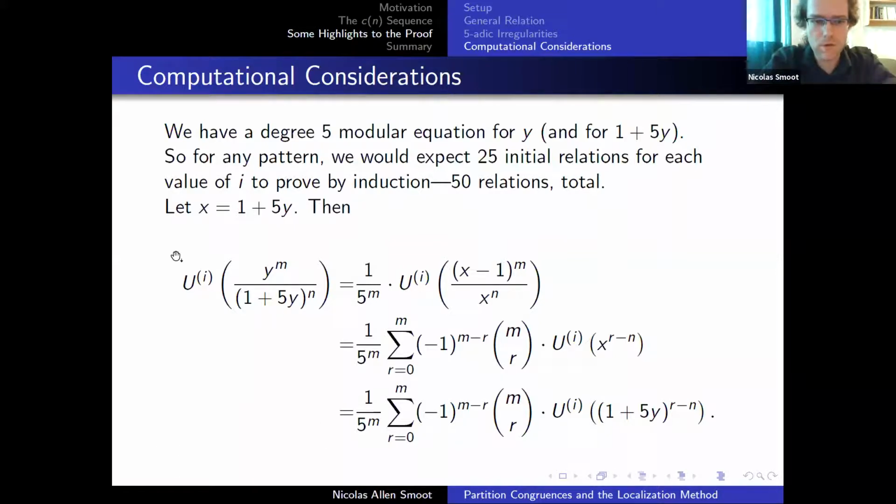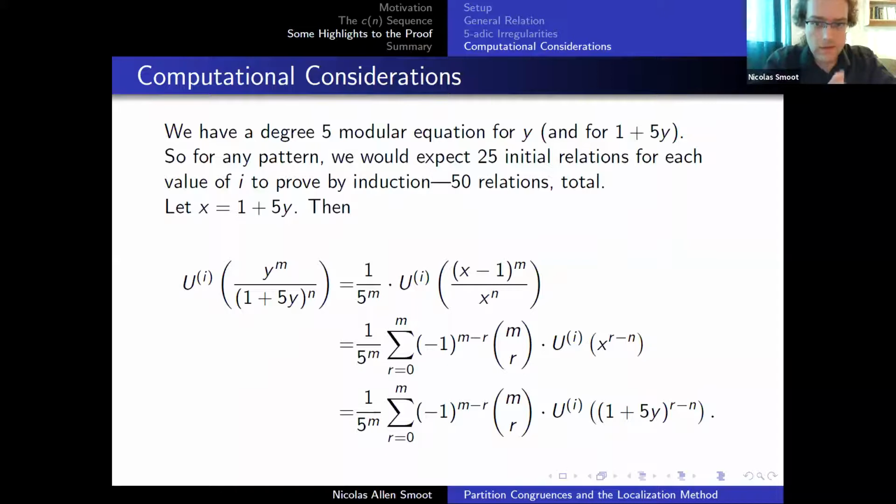So here I'm working with a U operator, U_i, and i will be 0 and 1, say. So I've got 2 different operators and 25 initial relations. So you would expect me to have to prove 50 initial relations on how these U operators act on these fractions, y to the m over 1 plus 5y to the n. And Wang and Yang only need 20, so this doesn't look like an improvement in that respect.